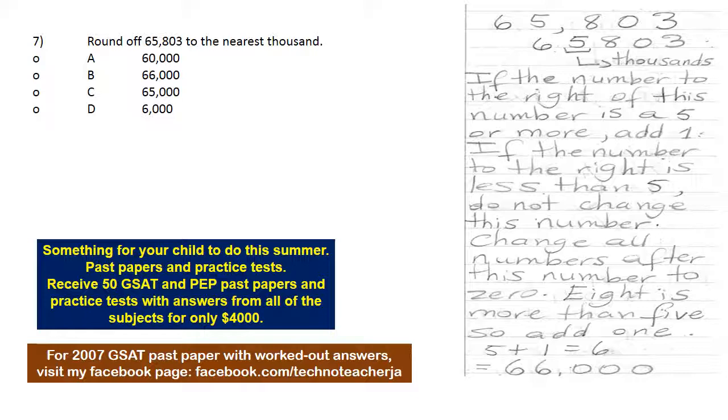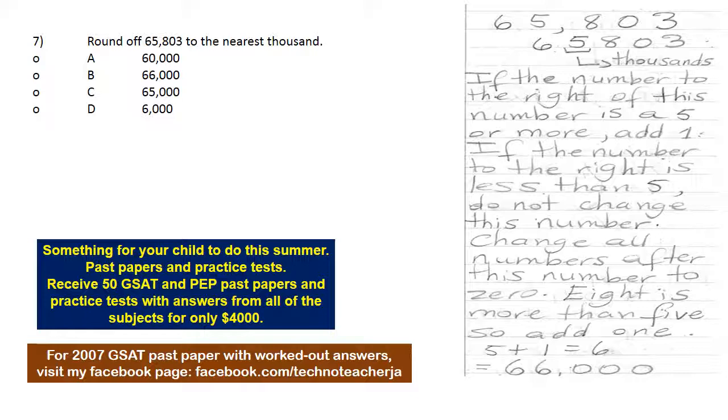If the number in the hundreds position is 5 or more, add 1 to the number in the thousands position. If the number in the hundreds position is less than 5, leave the number in the thousands position as it is. Do not change it. Next, change all the other numbers, that is the hundreds, tens and ones, to 0.